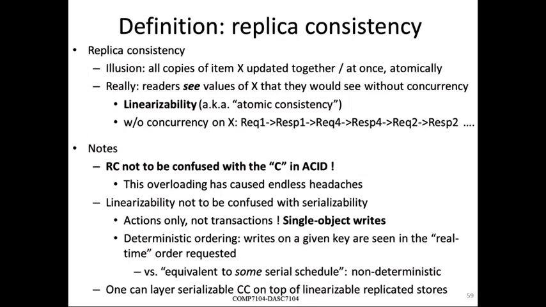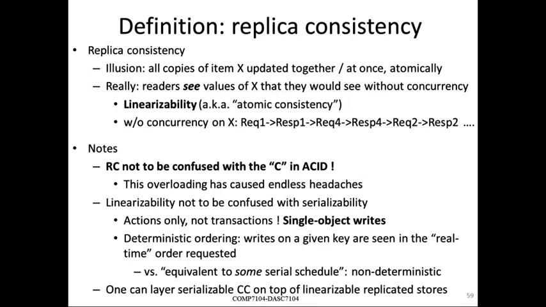In most definitions and descriptions of systems, it is said that a replication protocol exhibits strong consistency if it has linearizability, if the replicated objects are linearizable. And once again, we'll clarify what this means on the next slide.